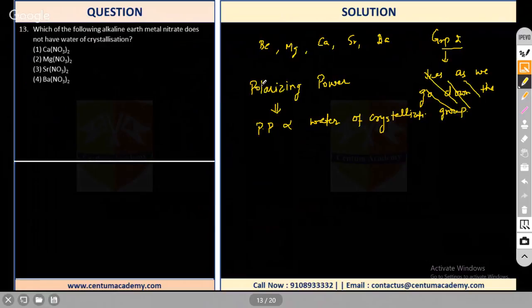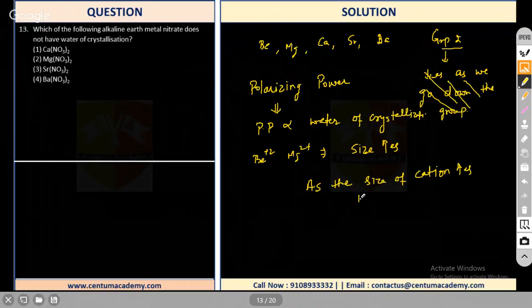Now the point is, as we go down the group of this divalent cation, that is Be2+, Mg2+, and all these cations, the size increases, and as the size of the cation increases, its polarizing power Pp decreases.